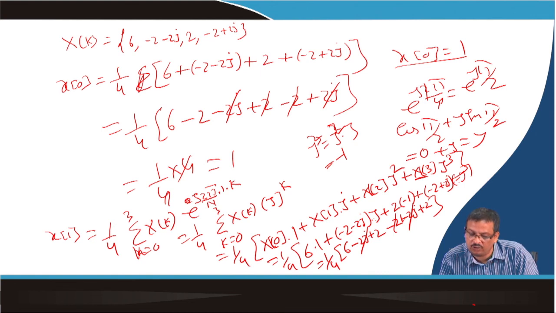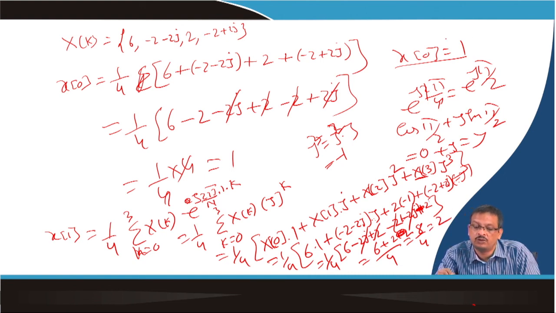So this is nothing but 6 plus 2 plus 2 divided by 4. Those will be cancelled, 6 plus 2 will be there, 6 plus 2 by 4. So it is nothing but 8 by 4 is equal to 2. So x[1] is equal to 2.